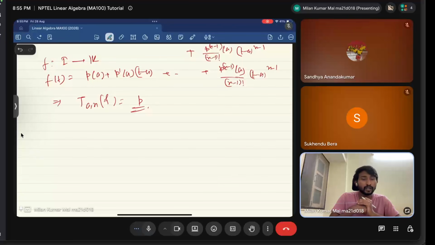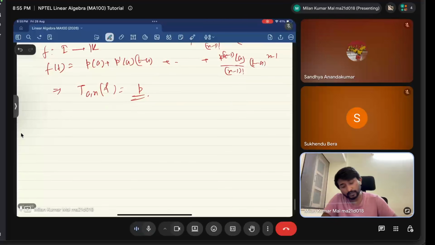Polynomials one can compute very easily. So when you have a function which is not a polynomial, one wants to find the Taylor series expansion, because that looks like a polynomial and gives an estimation of the function. Whenever you already have a polynomial, its Taylor series expansion is itself. So if you want to get the corresponding function, that function is itself the polynomial. So the map is surjective.